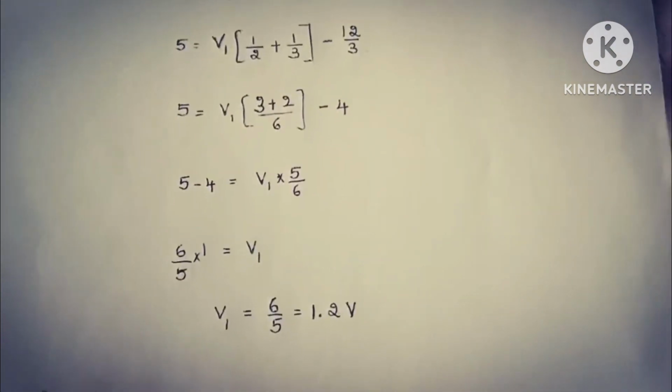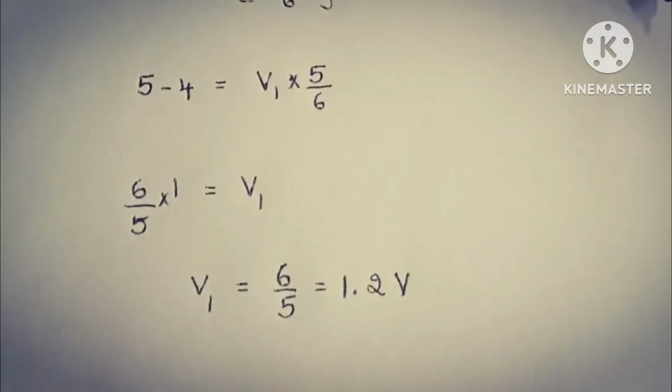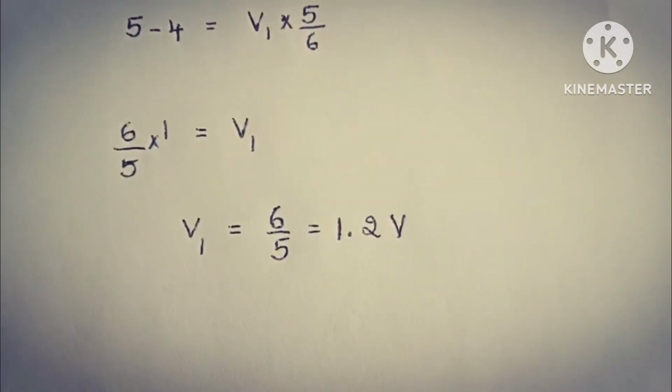So here we are asked to find the current flowing through the 2 ohms resistor.